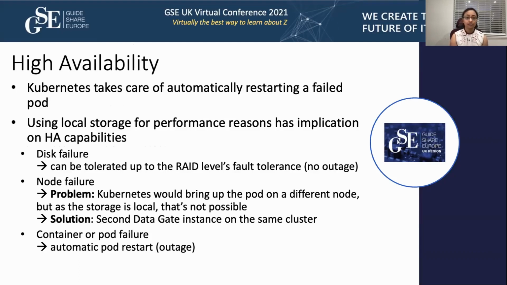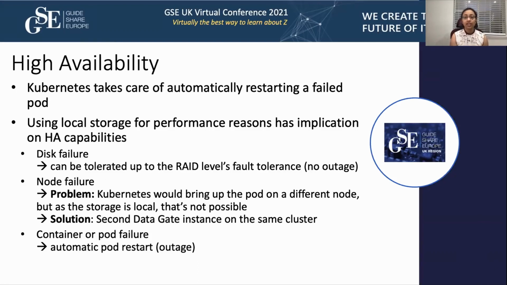Storage, in the case of the platform itself, can be either network storage like NFS or Spectrum Scale, or it can be local storage, host path. And using local storage also has other implications. Local storage just means storage local to the pod where this DataGate service is running.